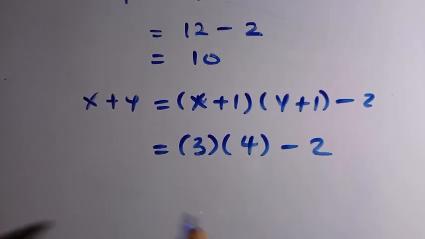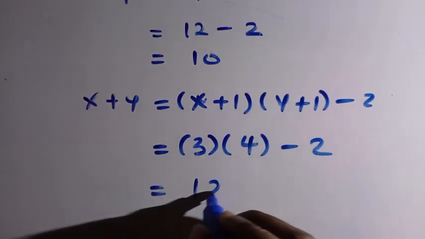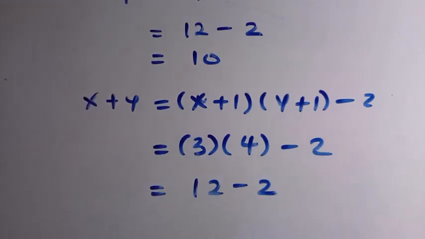Then 3 times 4, we have 12 minus 2. And 12 minus 2 equals 10. So all three cases satisfy this: for 12 and 1, for 2 and 6, and for 3 and 4.